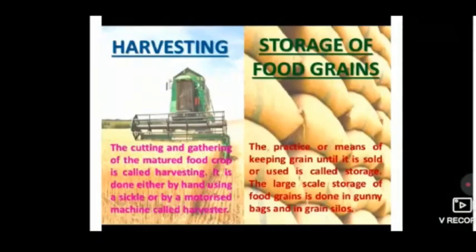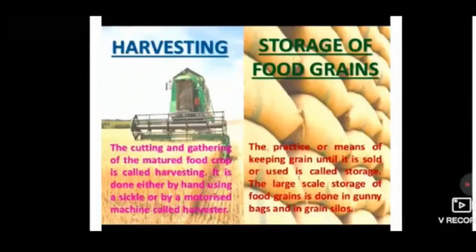The cutting and gathering of the mature food crops is called harvesting. It is done either by hand using a sickle or by a motorized machine called harvester.